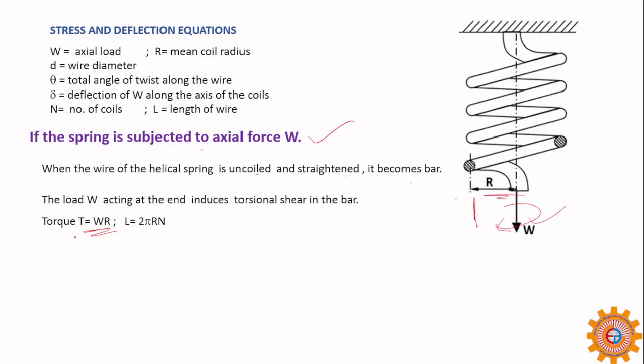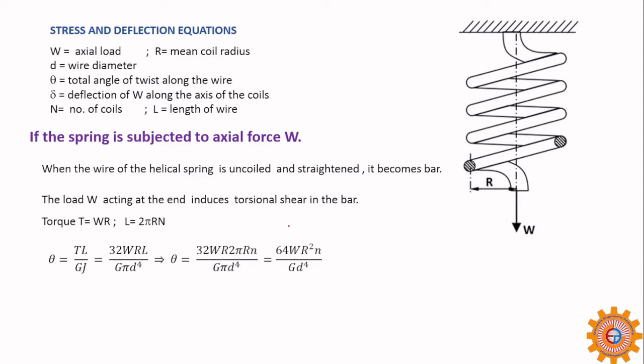The torque is W into R, where the length of the wire L is equal to 2 pi R n, or otherwise pi d N, where d is the mean coil diameter. Now we know the torsion equation, T by J equals G theta by L. Using this, TL by GJ is equal to the angle of twist.